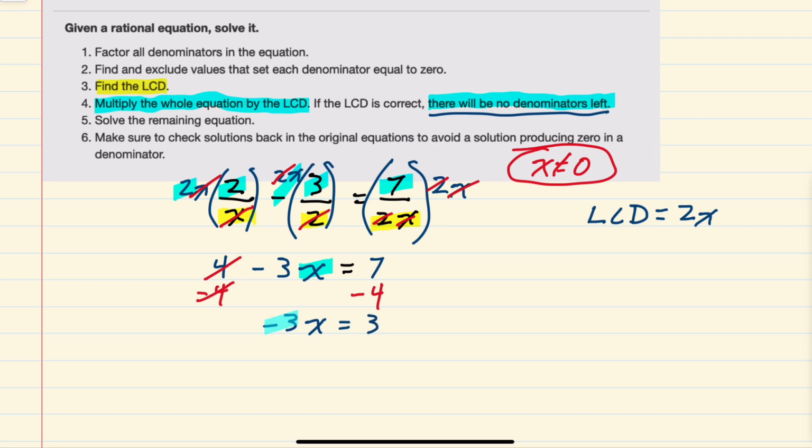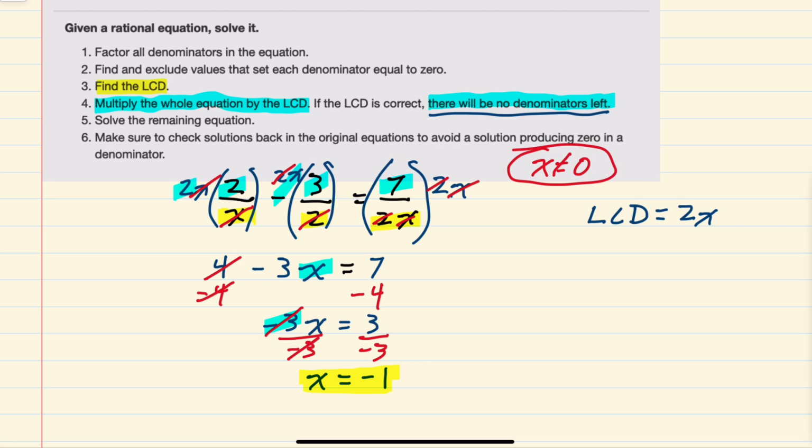And we can remove that coefficient by dividing both sides by negative 3. Canceling leaves me with the x on the left-hand side and 3 divided by negative 3, negative 1 on the right-hand side. This is our simplified solution.